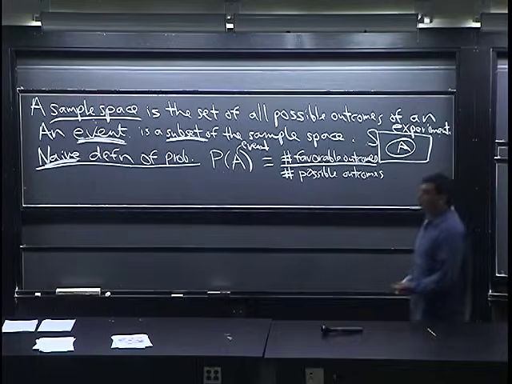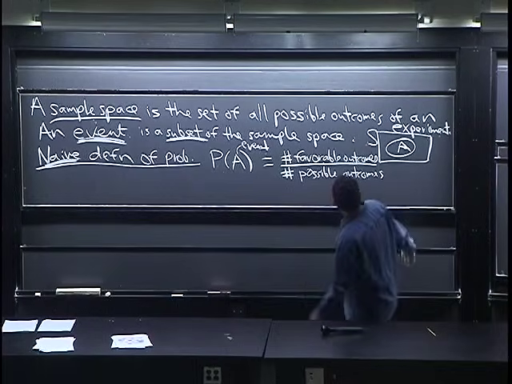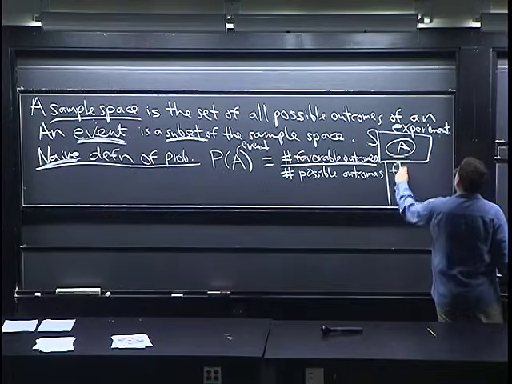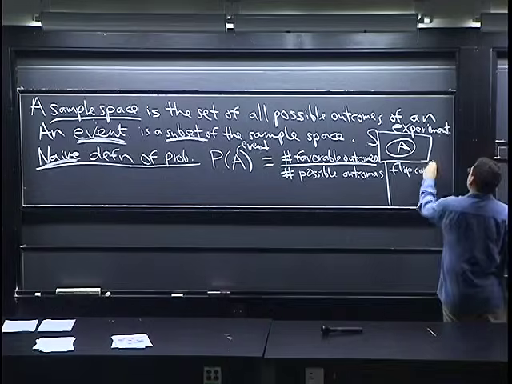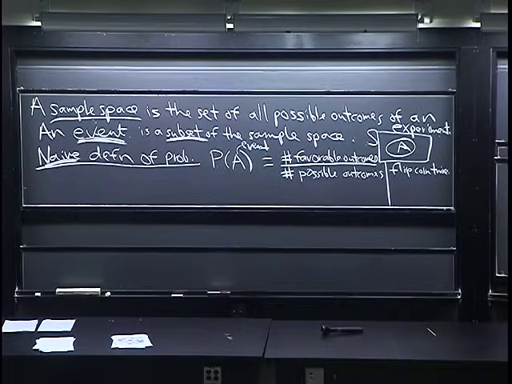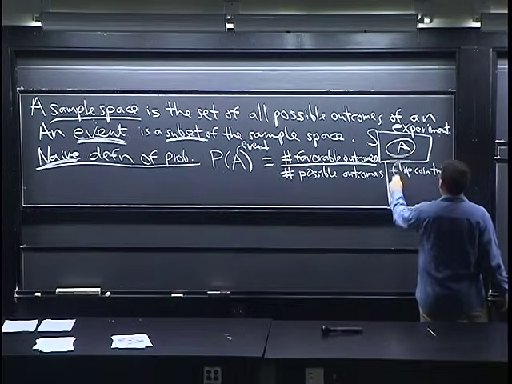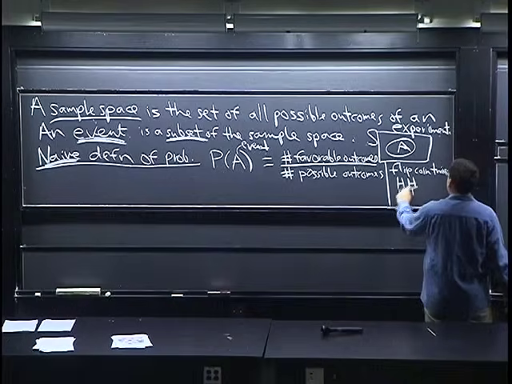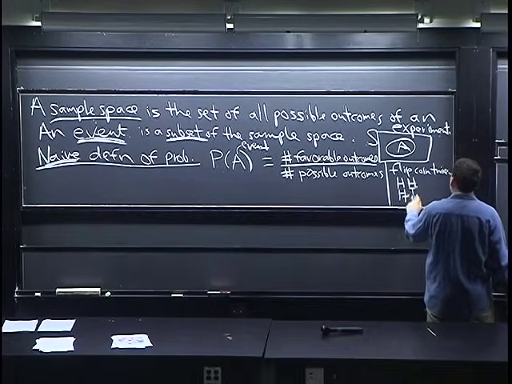So for example, if we flip a coin twice, there are 4 possible outcomes. Either the coin lands heads on the first toss and heads on the second toss, or heads and then tails, or tails and then heads, or tails and then tails.